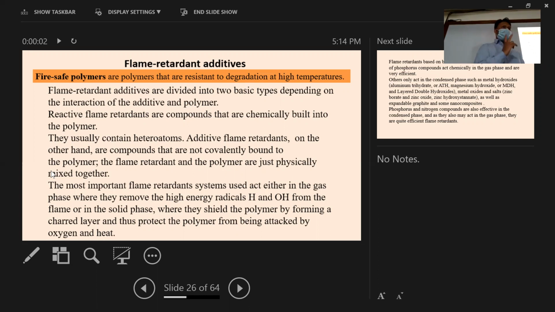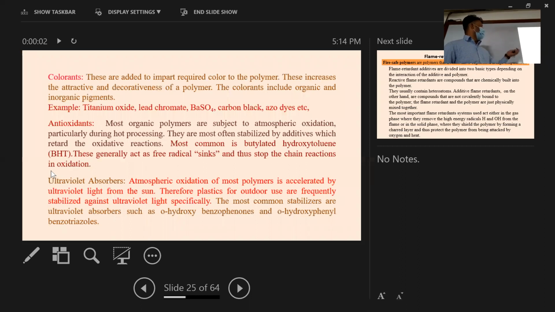So there are two types. The polymer itself can be fire retardant, and we can add another ingredient, like what we mentioned about colorants, antioxidants, ultraviolet absorbers, or whatever. So we can change the property of the polymer by adding some ingredients.